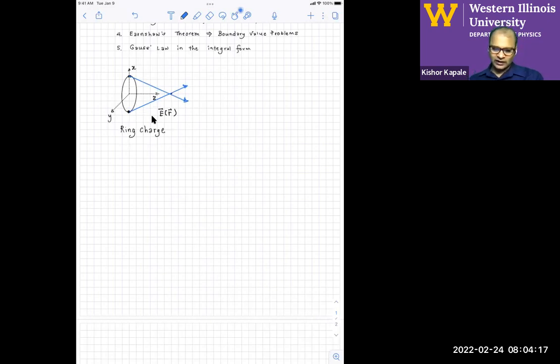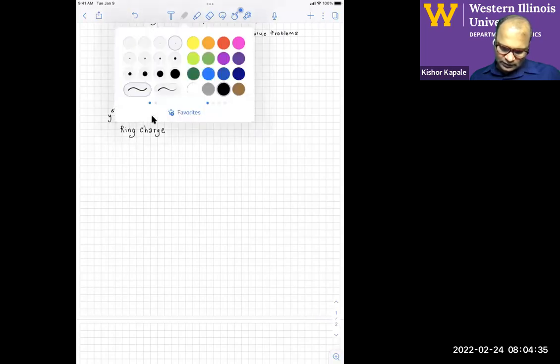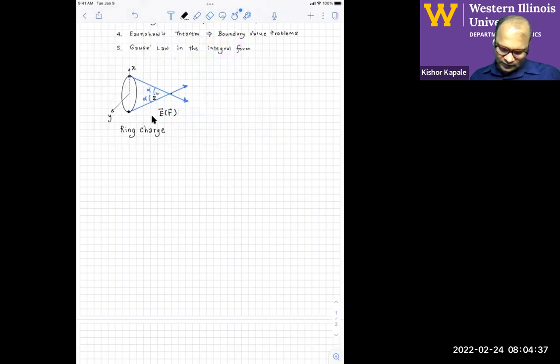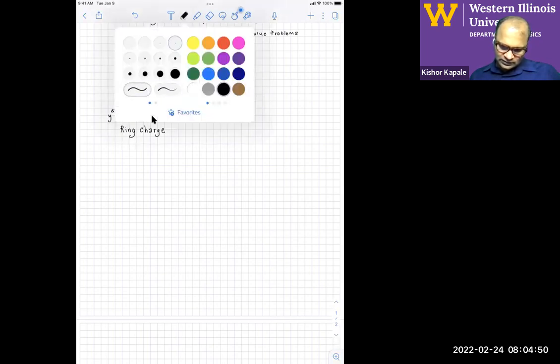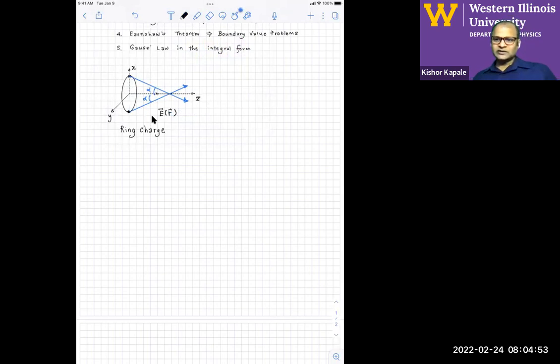So that's how it's going to look like. And then to figure out the actual components, you need to take, let's say, the component of E along the z direction. Let me get the z axis extended all the way here. There we go. Okay, so everybody with me so far?